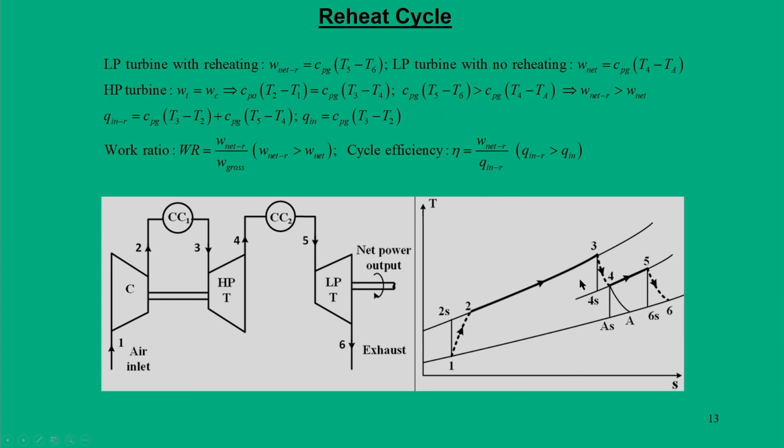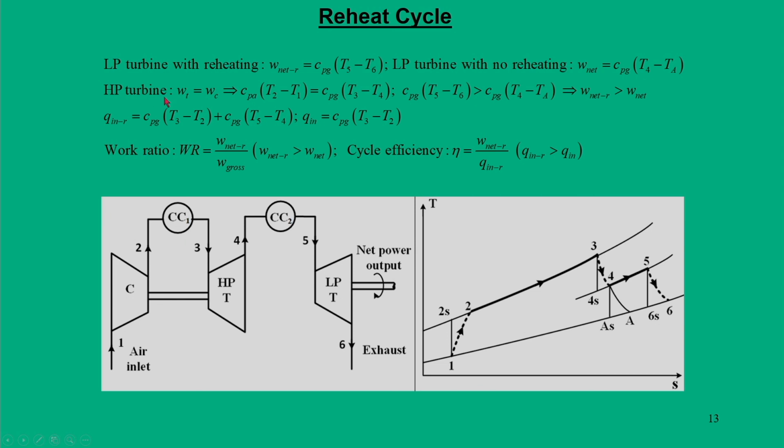Now, if you look at this particular figure, suppose you do the reheating in the LP turbine. Let us start with the HP turbine with reheating: it is Cpg into (T5 minus T6), and for the LP turbine with no reheat, W net would be Cpg into (T4 minus Ta).